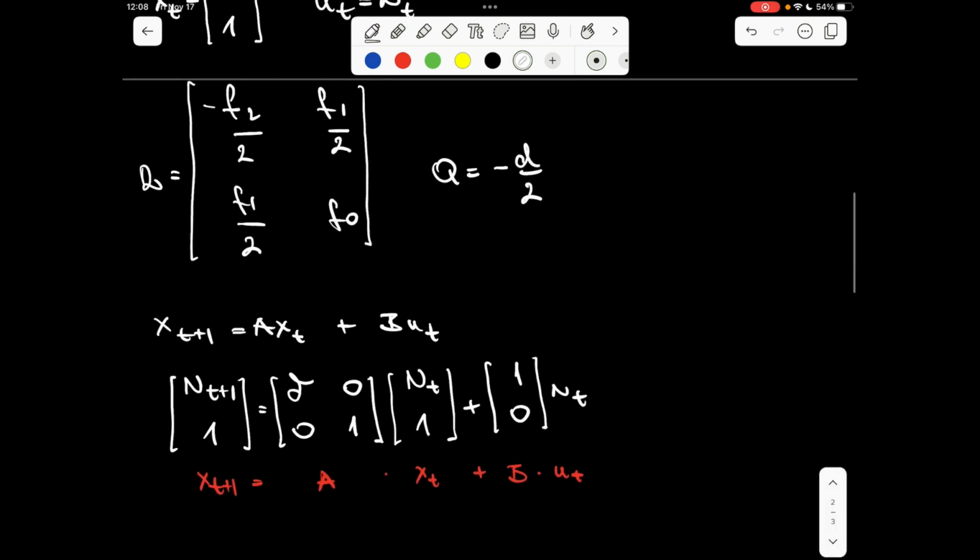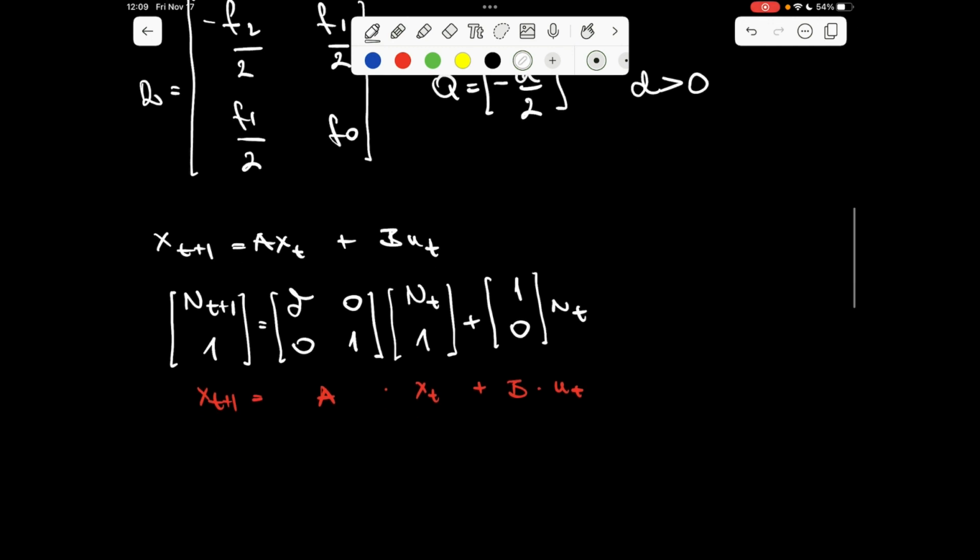Okay, here we assume that D is strictly positive in order that matrix Q, it is a 1-1 matrix, it is supposed to be negative definite. And we must be careful when choosing values for F0, F1 and F2 because R is also supposed to be negative definite.